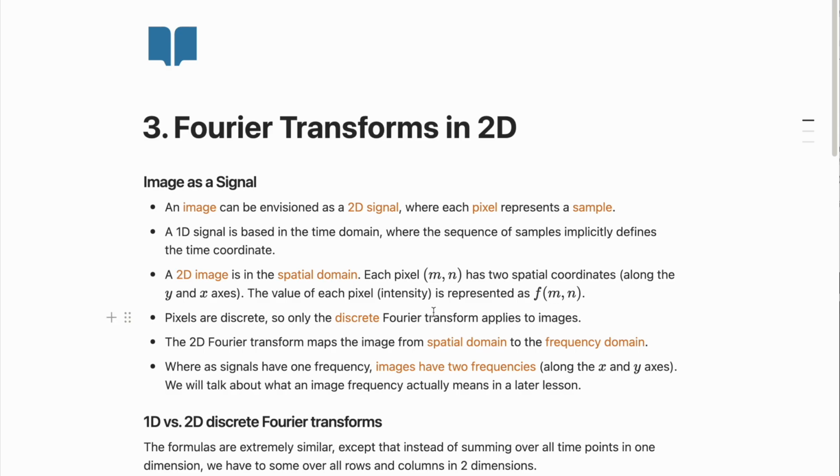And as you might imagine, the outcome of applying the Fourier transform to the image is that it maps the image from the spatial domain to the frequency domain. But whereas signals only have one frequency, images have two frequencies, one along the x dimension and the other along the y-axis. And we'll talk in a later lesson about what it actually means for an image to have a frequency, or actually a pair of frequencies.